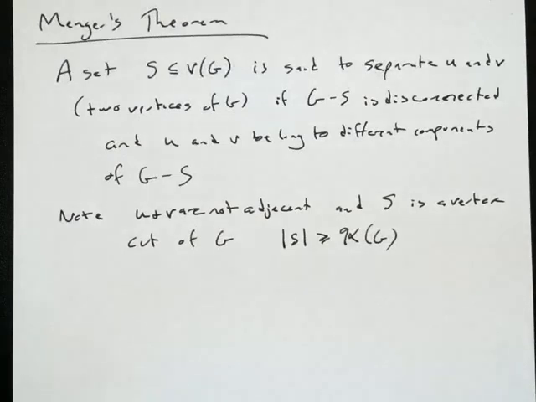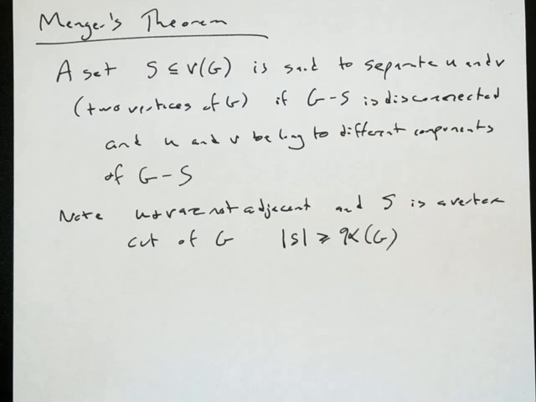So I have two vertices identified in a graph. I take away these other vertices S, end up with a disconnected graph, and U and V are in separate components of it. There are lots of different sizes for S, yes? Anything up to n minus 2.